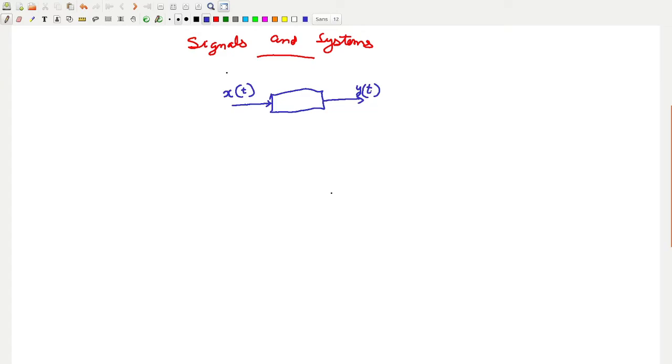So this is an elementary block diagram of a system which is processing the signal. We have the input signal x of t, and after processing we will get an output signal y of t.